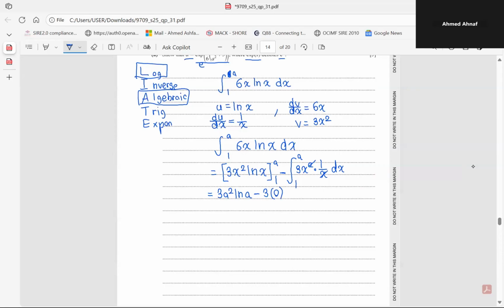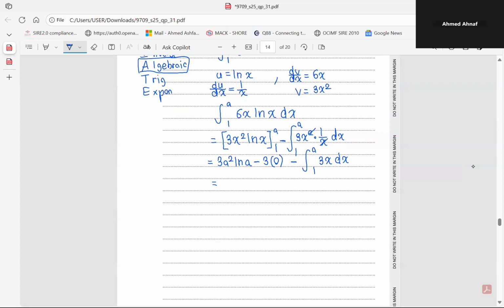Okay, and then here we have the integral of 3x dx. So simplifying, this would just be 3a squared ln a minus, you can take out the 3 and just integrate the x. So integrating that, we would get x squared over 2. And don't forget to put in your limits.